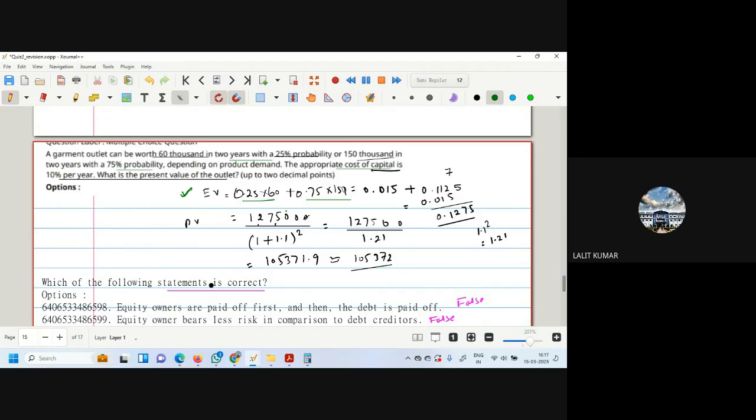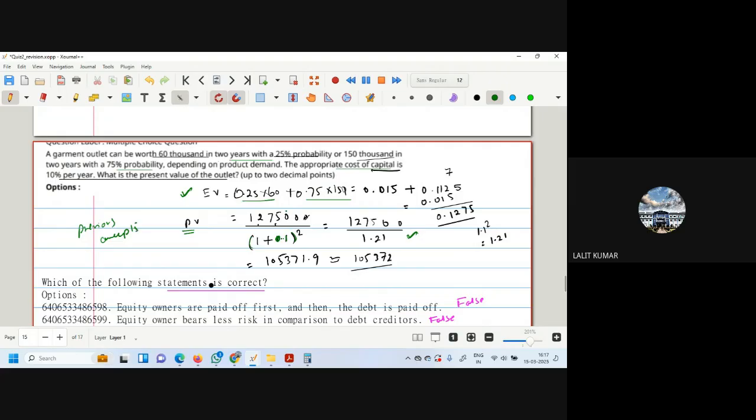So this comes to 127.5 thousand, 1,27,500. And to find the present value, it is in 2 years, so it will become 1 plus 0.1 square. So you get 1,27,500 by 1.21. Is this okay? This is from our previous concepts.